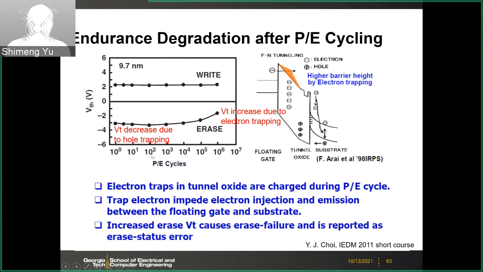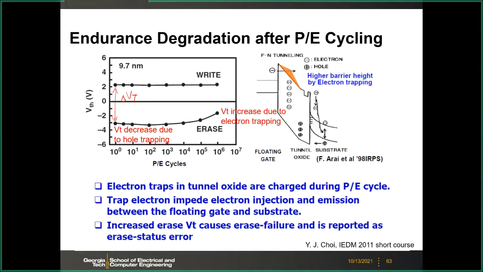This is how many cycles you program and erase, and one pair means 1 cycle. Program and erase is 1 cycle. Then you record the VTH state. After the program and erase, you look at the memory window. This is your delta VT, right? This is the memory window.